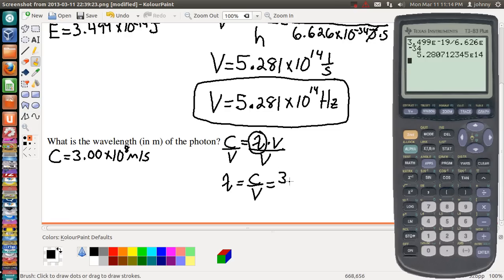C is 3.00 times 10 to the 8th meters per second. Now what was the frequency? We just calculated it. It is 5.281 times 10 to the 14th.